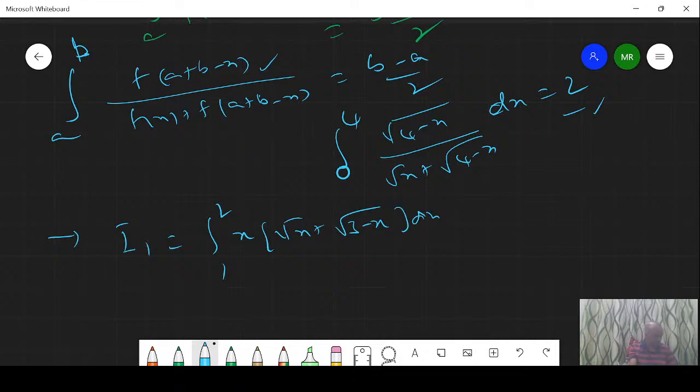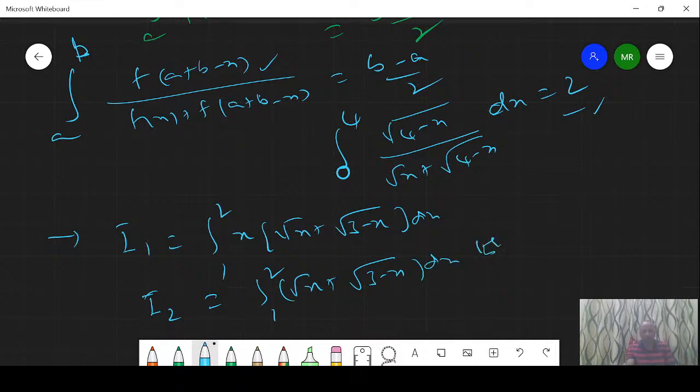This is I1, and I2 is given: I2 is equal to the integral from 1 to 2 of root x plus root of 3 minus x, dx. They have given these two.